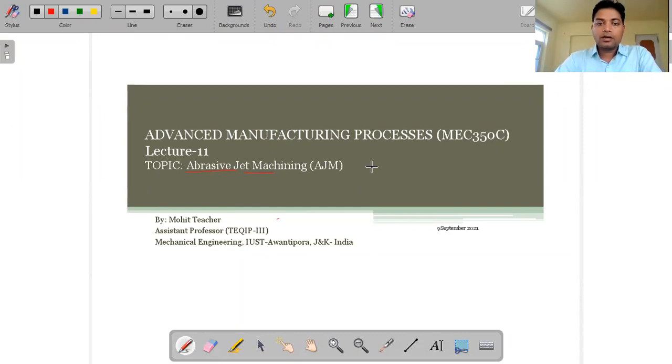Guys, yesterday in the last class we started abrasive jet machining, and we discussed the principle, that is, the exact meaning of the abrasive jet. The principle is that we maintain air or any gas at very high pressure, in the range of 2 to 10 bar.